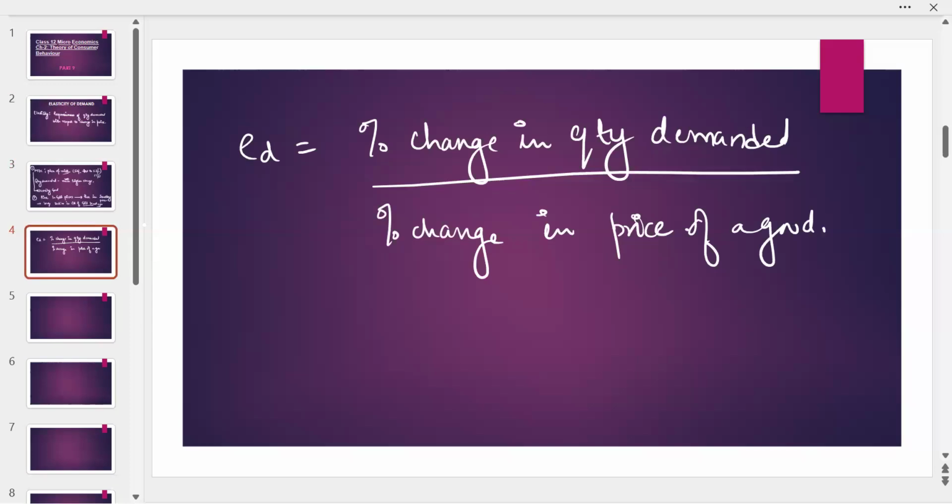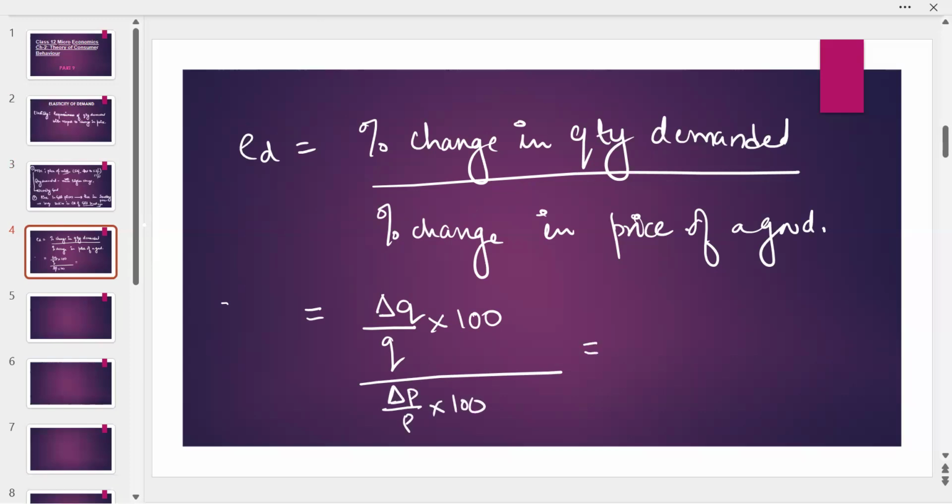With mathematical notation, the numerator, the percentage change in quantity demanded, we can write as del Q upon Q into 100. And in the denominator, we have del P upon P into 100. We can just rearrange them, because 100 got cancelled, and now we are left with del Q on Q into P on del P.